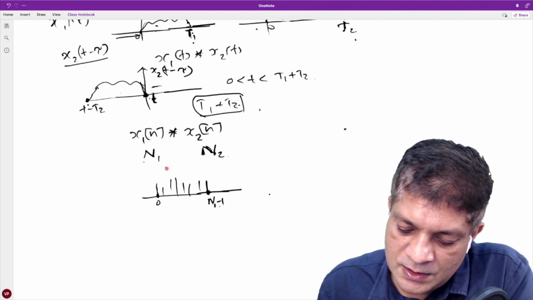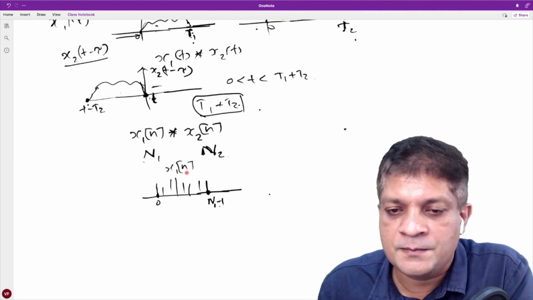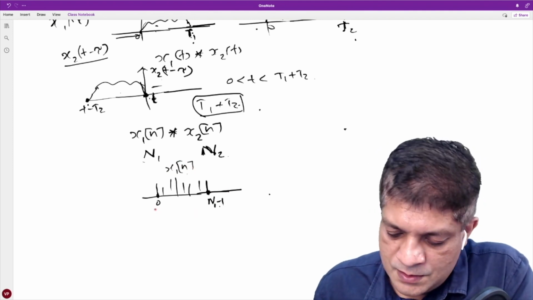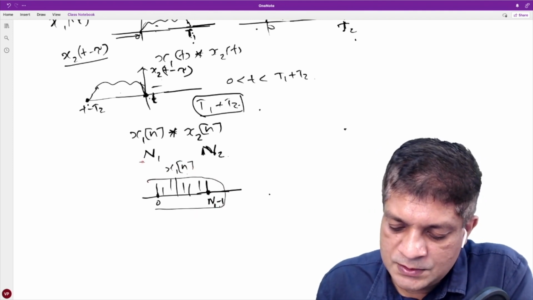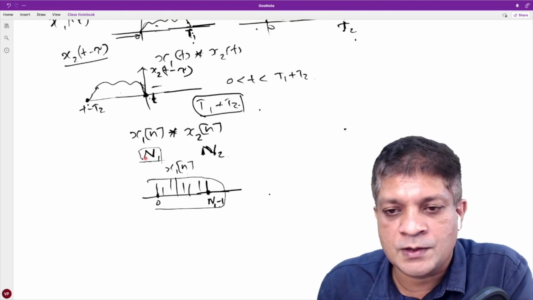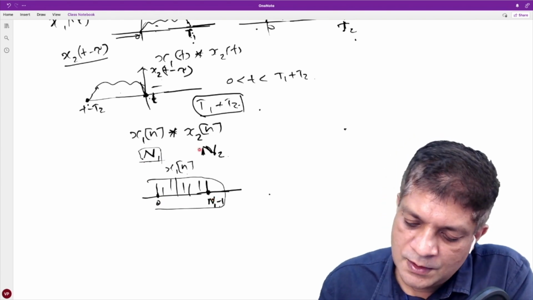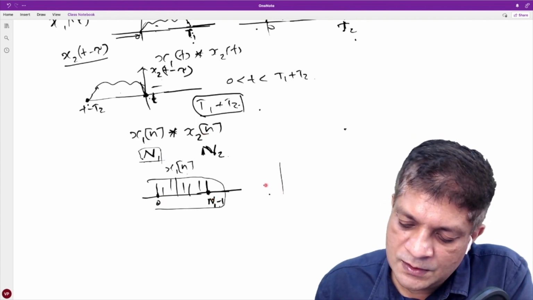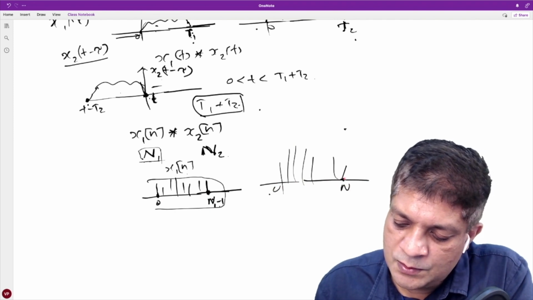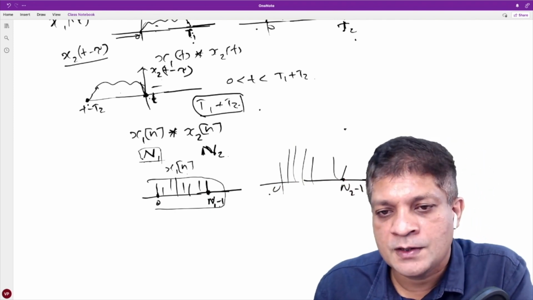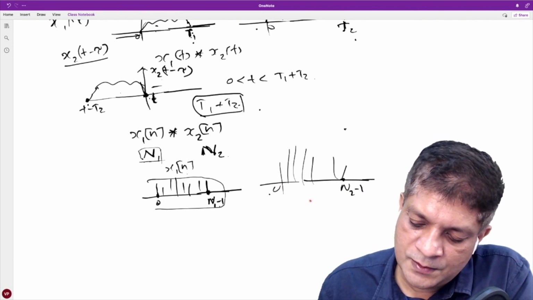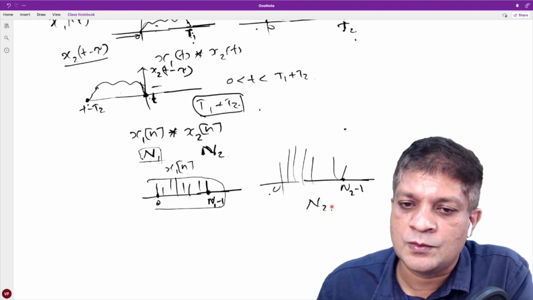This is signal x1[n], a signal having duration n1 because it is non-zero from 0 to n1 minus 1. Now consider the second signal, non-zero from 0 to n2 minus 1. So this is a signal having duration n2.